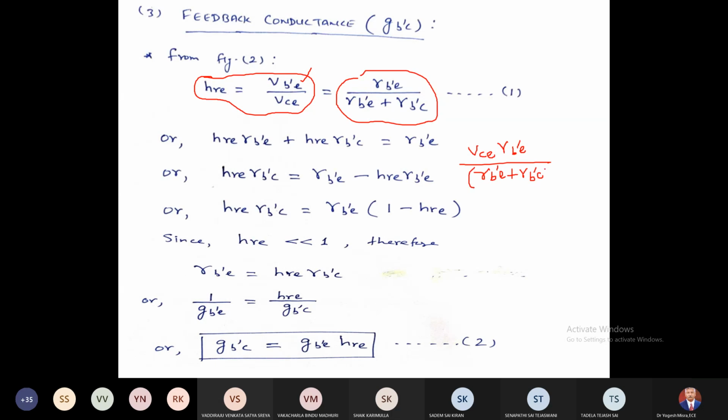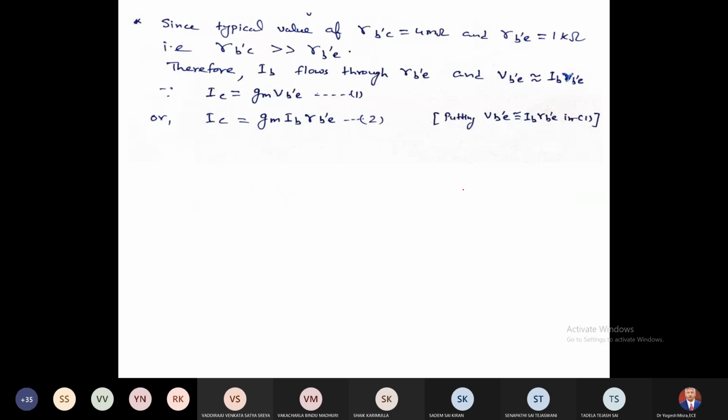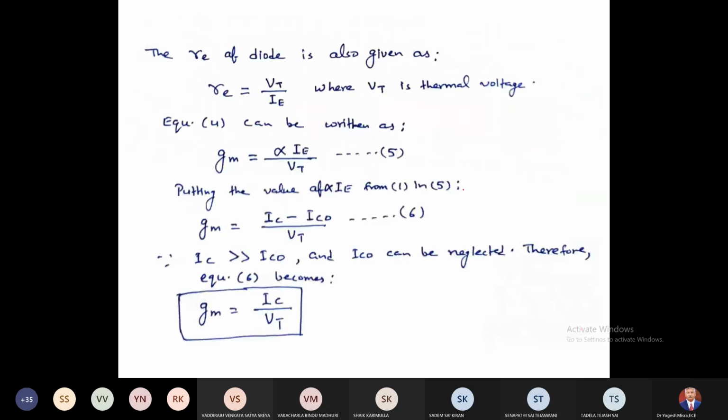This is the expression of VB'E. Just now we have calculated, and divided by VCE. So this VCE and this VCE cancel out. So what we got? We got RB'E divided by RB'E plus RB'C, right? So the real calculation came from here, which just now I explained.